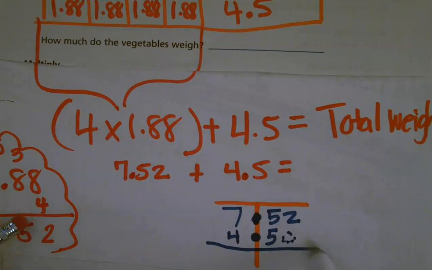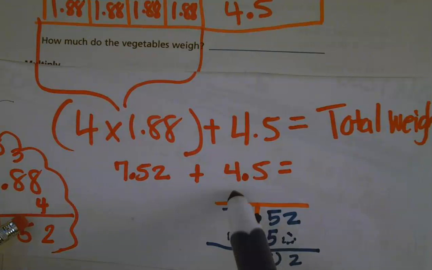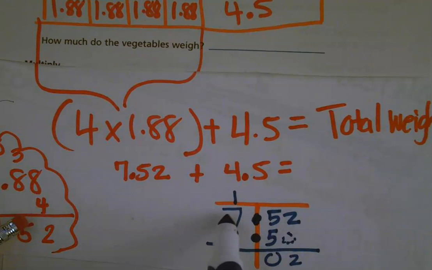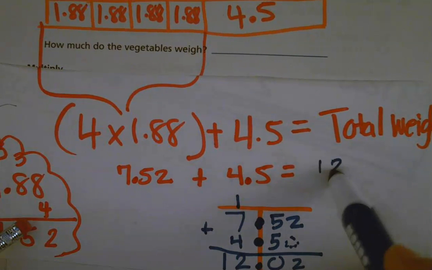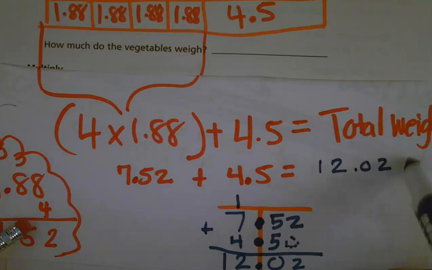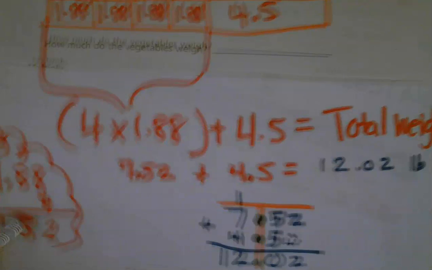And I get 2, 10, carry. 7 and 4 is 11, plus 1 more is 12. On adding and subtracting, my decimal point comes straight down. So I know that the combined weight of all that food is 12.02, or 12 and 2/10 or 2/100 pounds. To get the total weight.